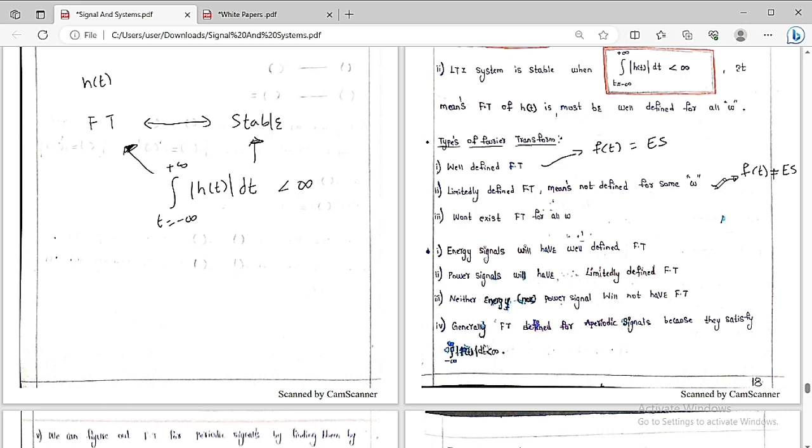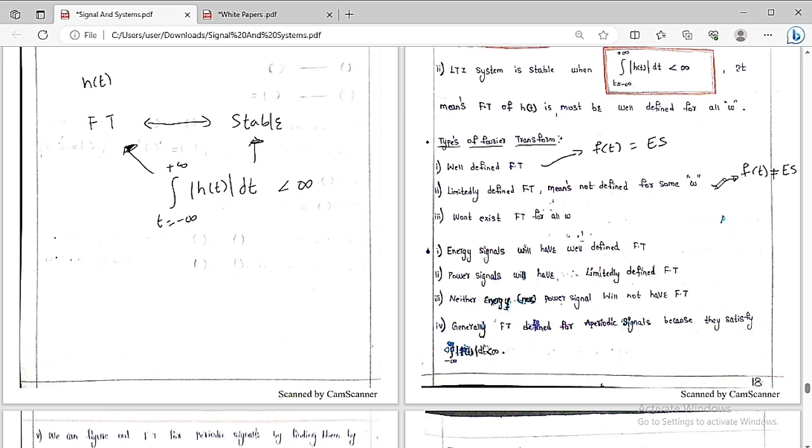If the given signal is not an energy signal, meaning it is not absolutely integrable, then even though the Fourier transform exists, it is defined only for certain values of omega, but not for other values, because if you substitute other values of omega, it tends to infinity. That is the reason this is called the limitedly defined Fourier transform. And the third one is the Fourier transform that won't exist for all omega.